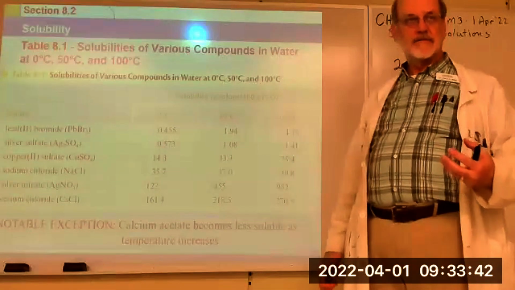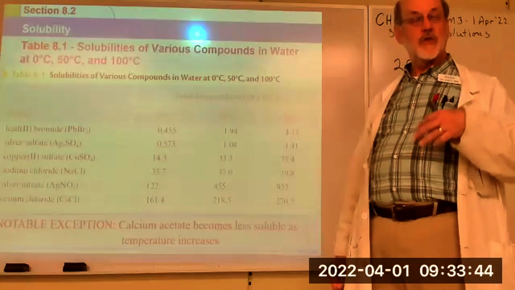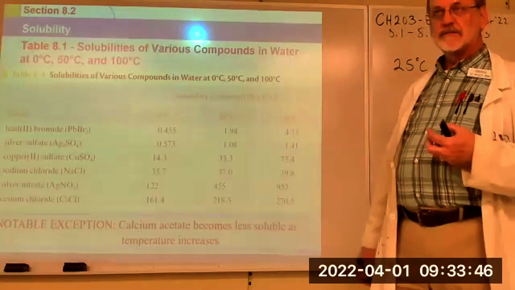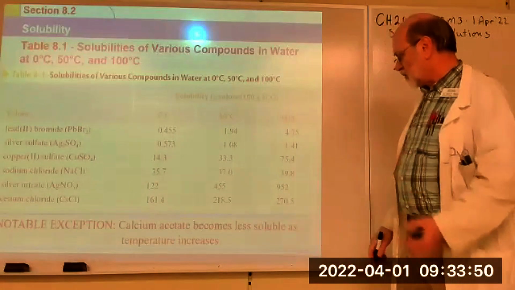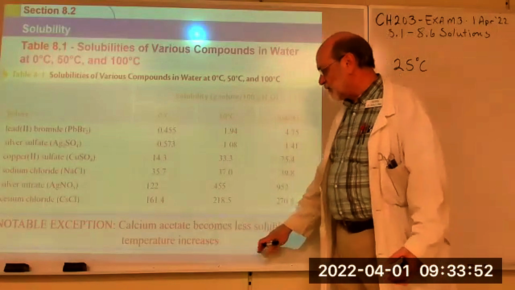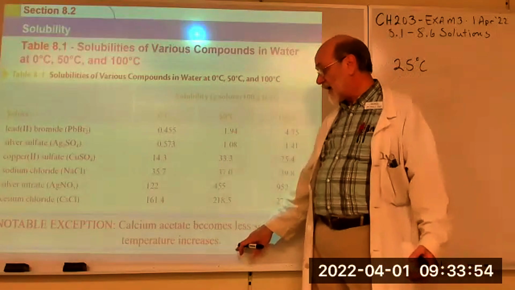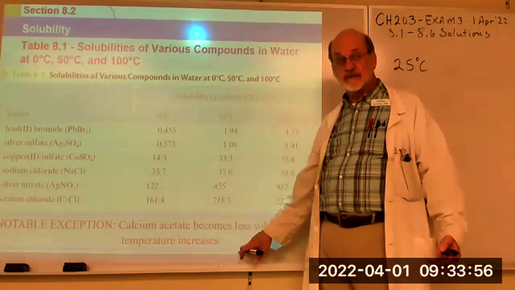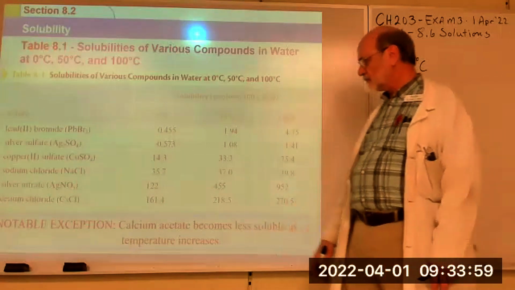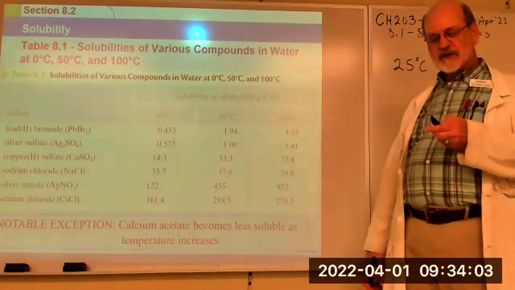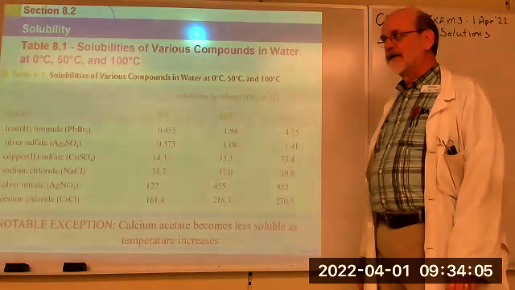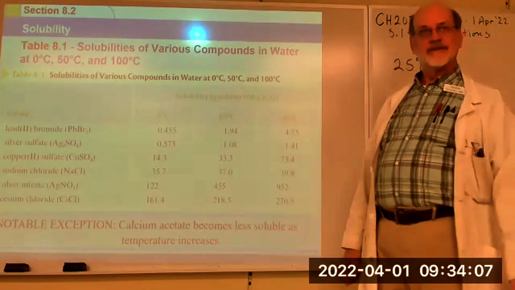That's stability. All natural systems tend toward the most stable situation. So as we increase the temperature, its most stable situation is to have less calcium acetate in solution. That doesn't explain why, but it's sort of a rationalization of what's happening.